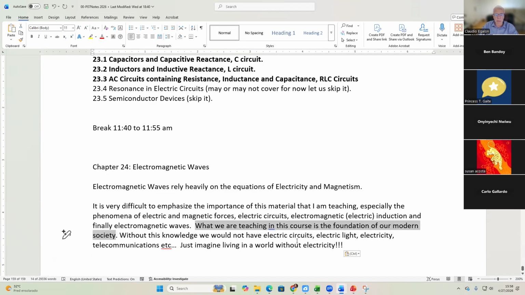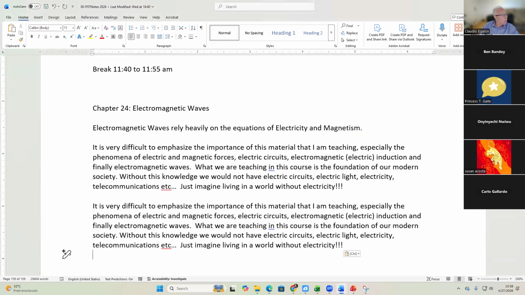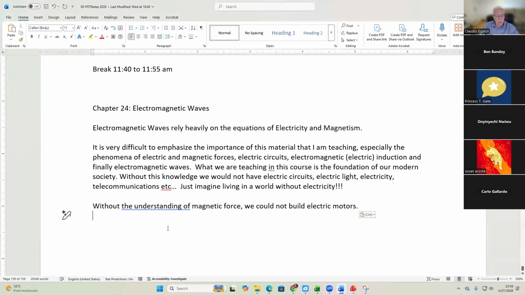Without this knowledge, we wouldn't be able to have electric circuits, electric light, electricity, telecommunications, etc. Just imagine living in a world without electricity. We cannot do it nowadays, right? For instance, without this understanding, we wouldn't ever be able to build an electric motor and wouldn't be able to have electric cars.